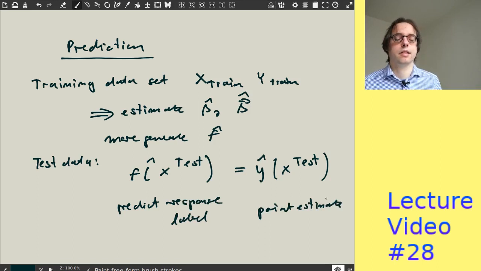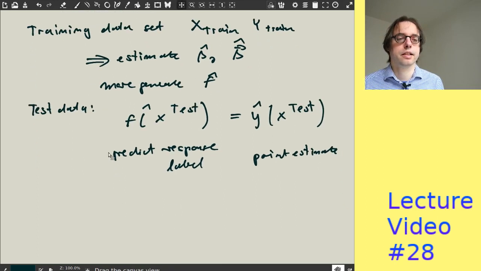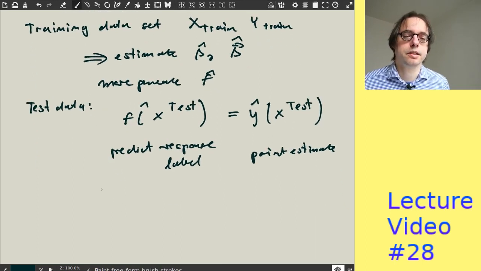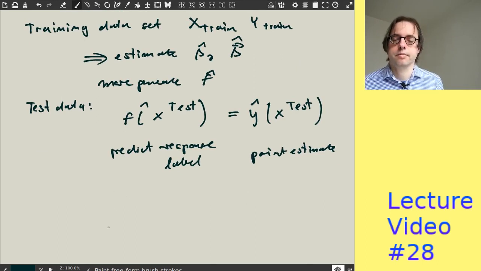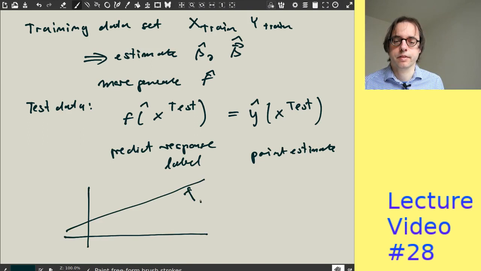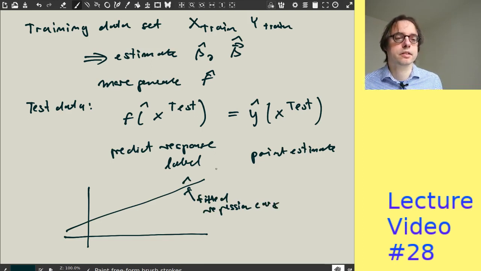But we are keen to estimate not just the point estimate, but also a likely interval. So let's say this is our fitted regression curve, f hat, that we fitted using training data.